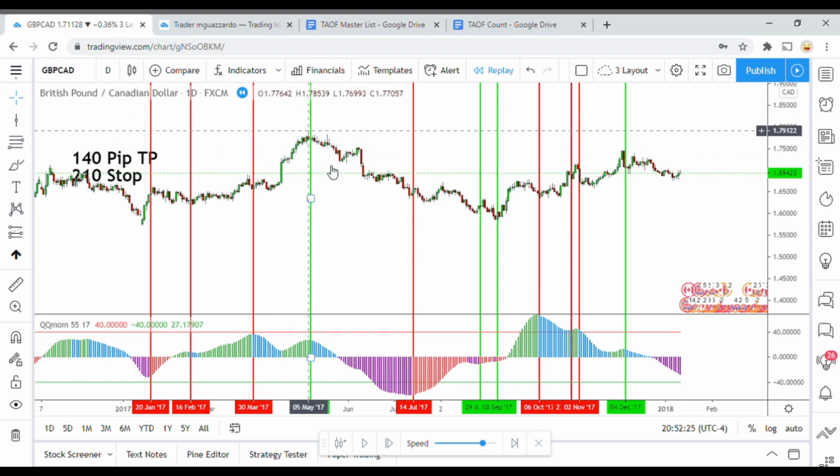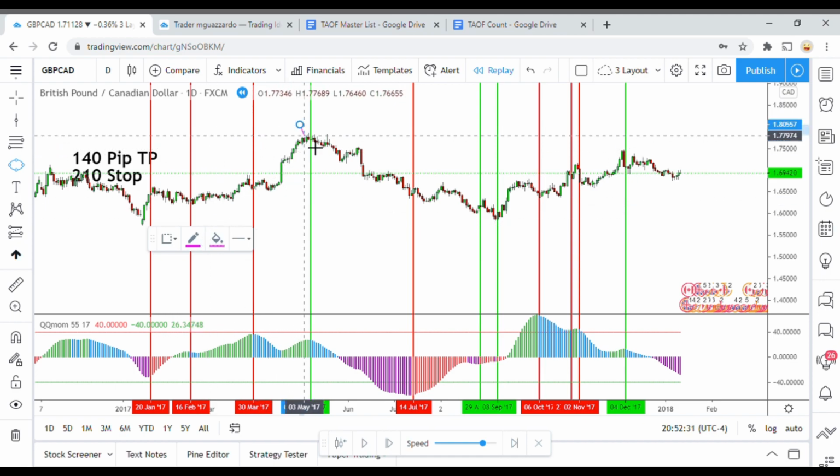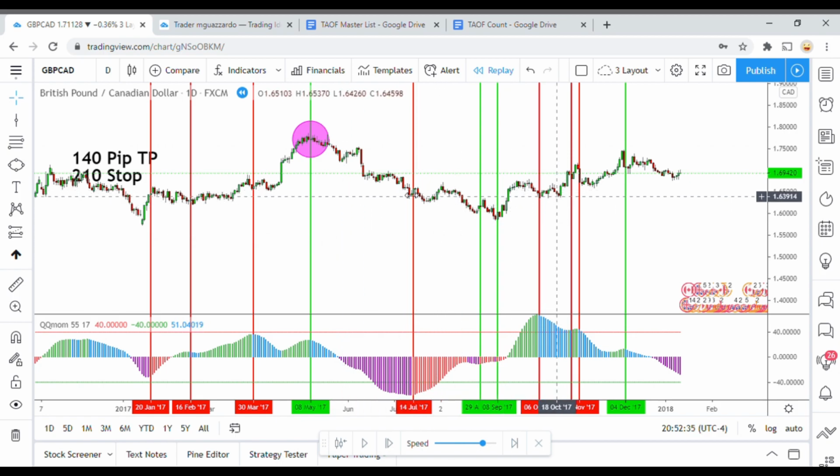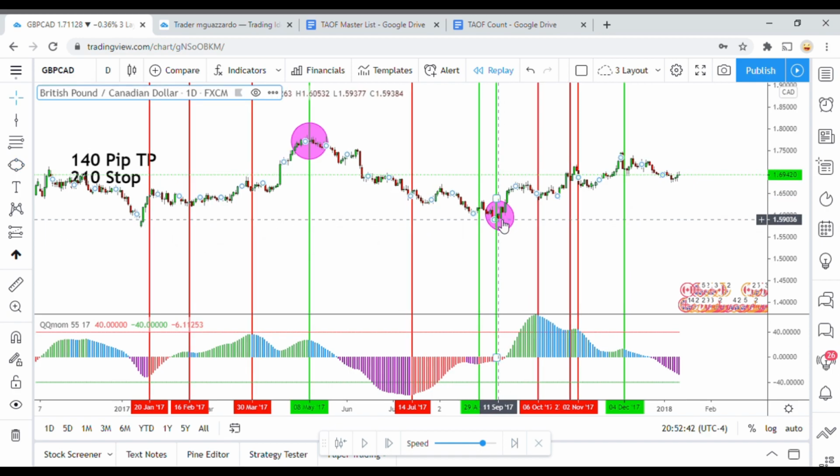I mean, what I like is these areas right up here. Let's see. So like this area right there and this area right here.